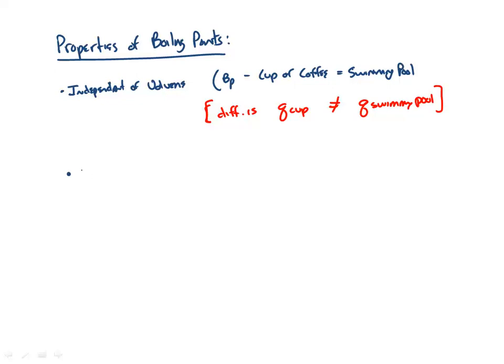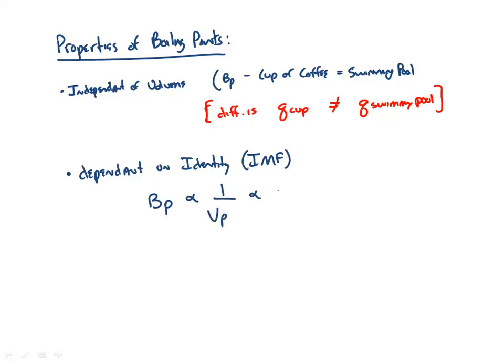It is dependent on the temperature, well, I guess on the identity, meaning it's dependent on intermolecular forces. And in this case, notice that boiling point is inversely proportional to vapor pressure, but it's directly proportional to the intermolecular forces.